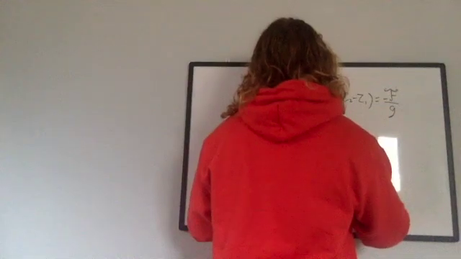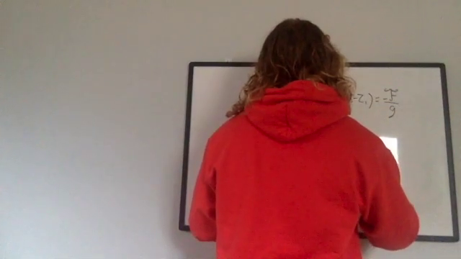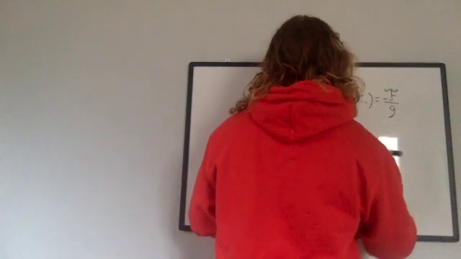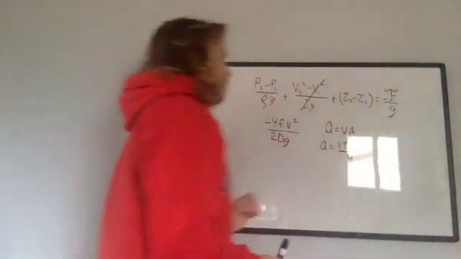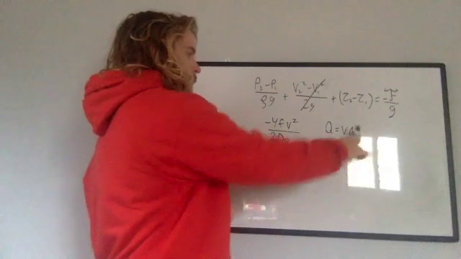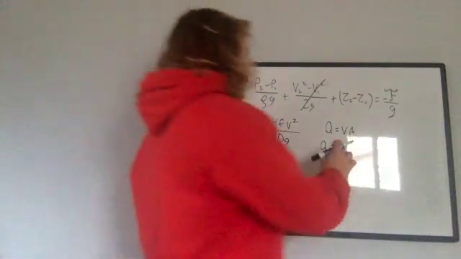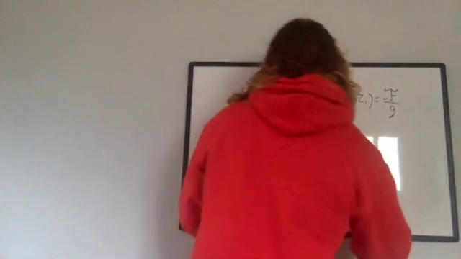So we can say that Q is equal to V pi d squared over 4. Right here, we are substituting the pi d squared over 4 in for A. And then we can go ahead and do some simple algebra to get V by itself.